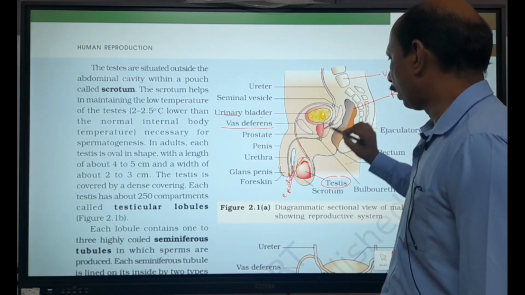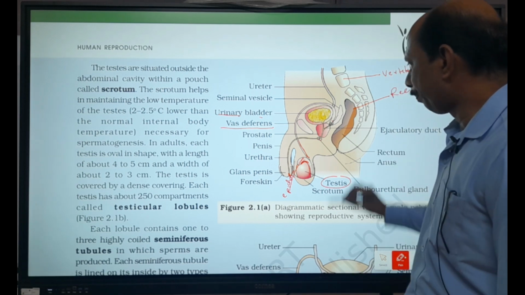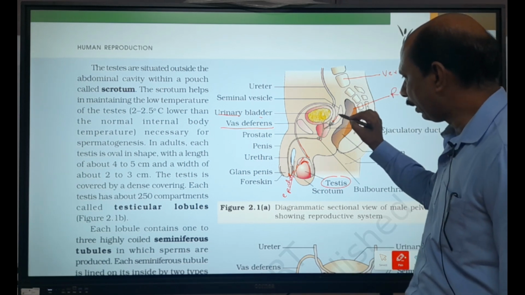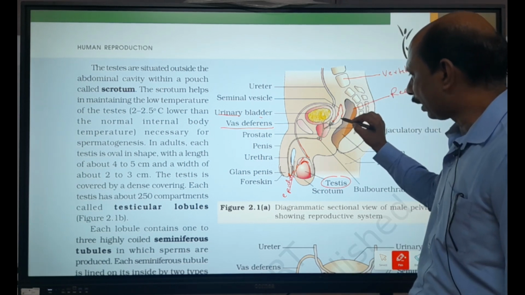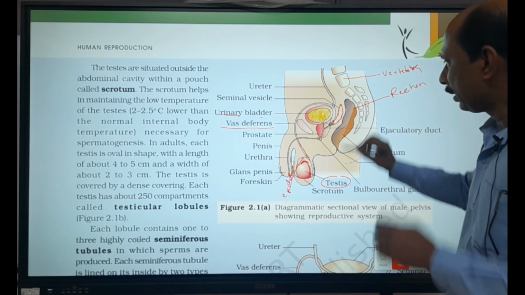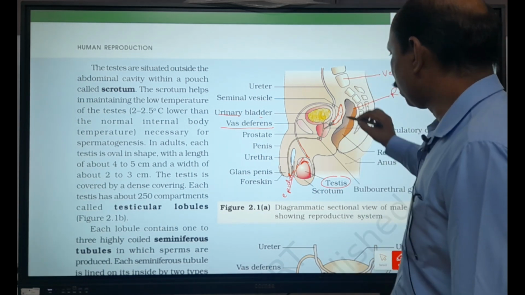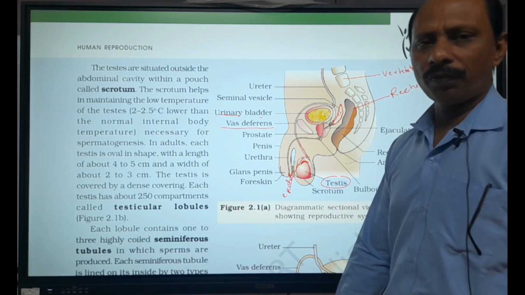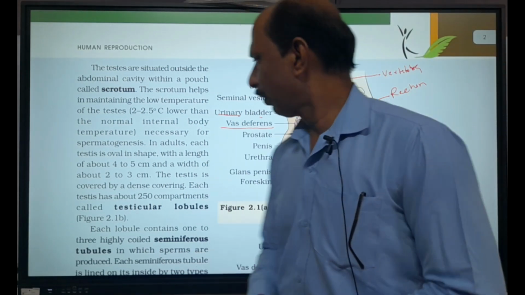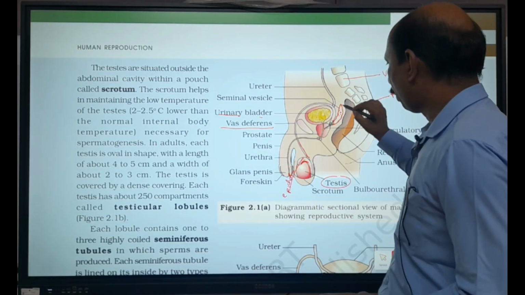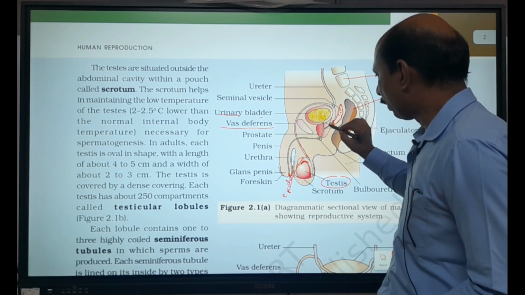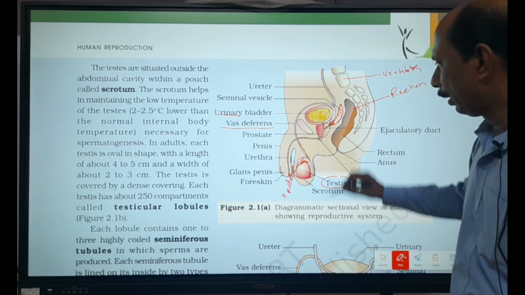Separate from it is a gland called the seminal vesicle. This seminal vesicle secretes a secretion responsible for the formation of 60 to 70% of semen, and both open separately here.